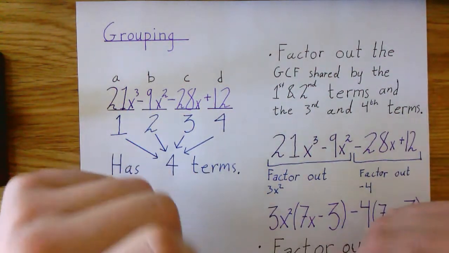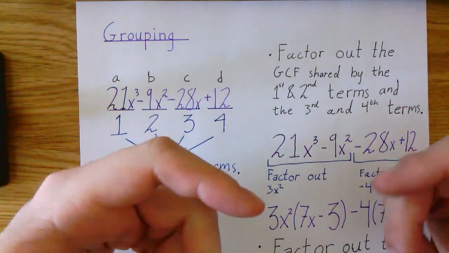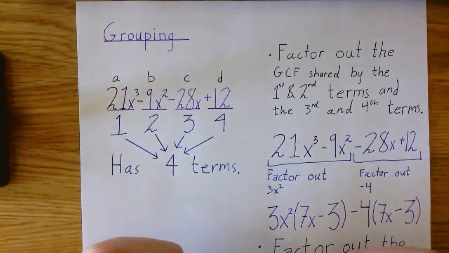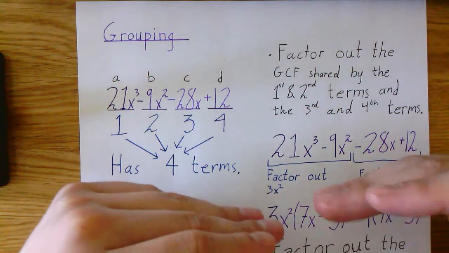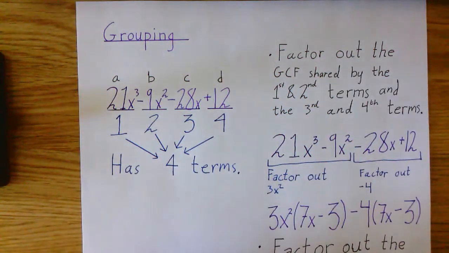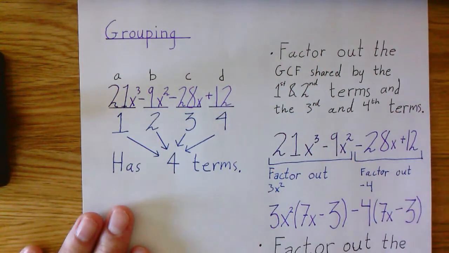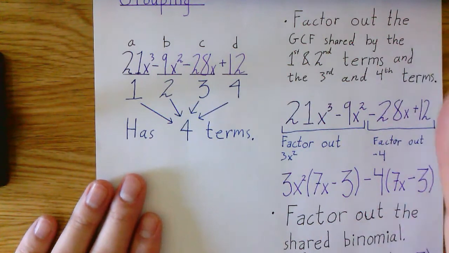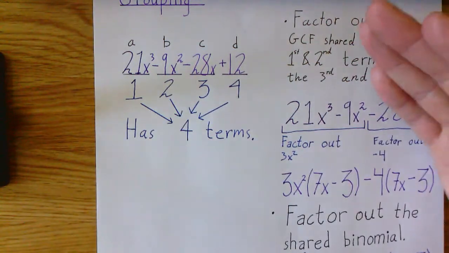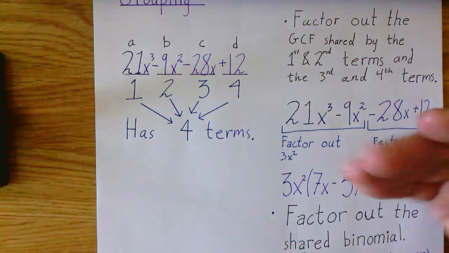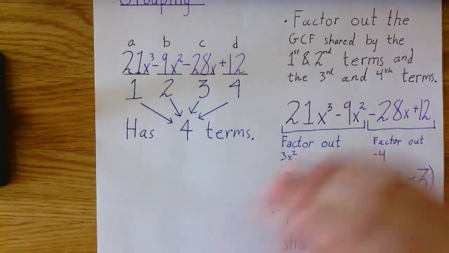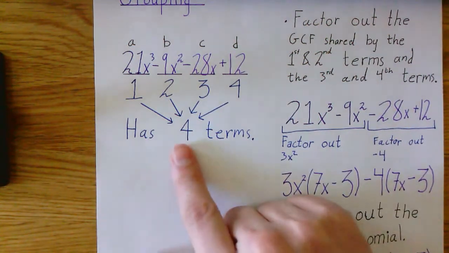We're going to do grouping because everyone gets grouping. This is the third type of factoring that we've talked about up to now. And you're going to see some of these on your quiz too. So grouping, easy peasy to identify. You should never accidentally do the wrong thing on a grouping problem. Simple and complex, I get it, whatever. But this one is the only one that has 4 terms.